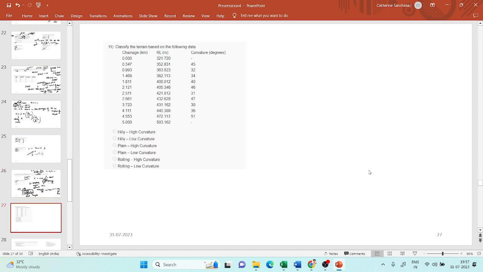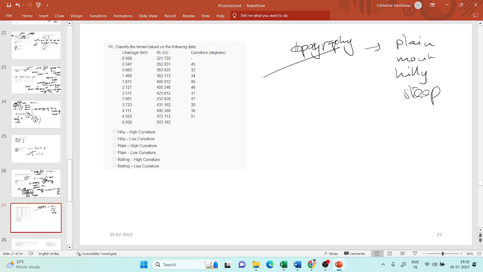Now moving on to the next problem. Classify the terrain based on the following data. I said that based on the cross section, the topography, the road can be classified into plain, rolling, mountainous, and steep.